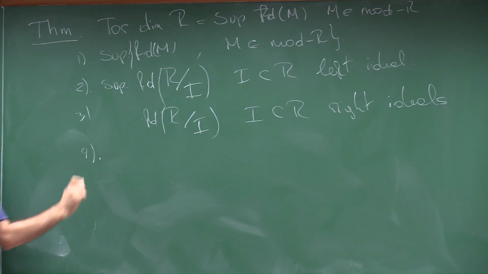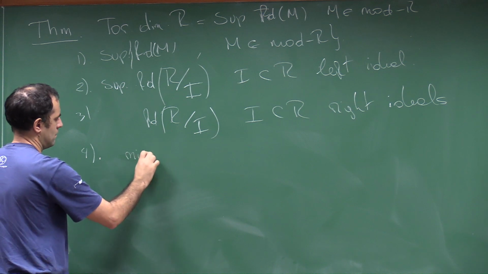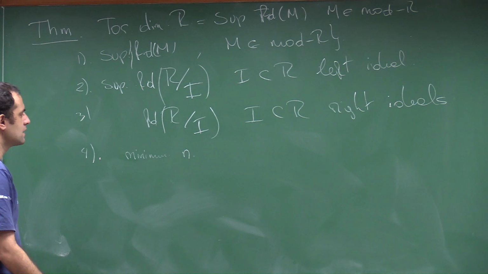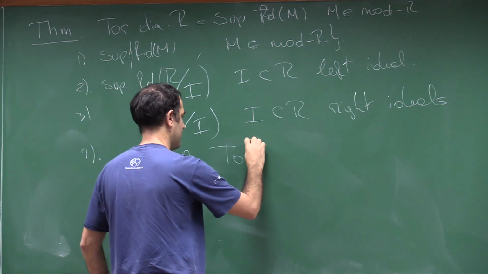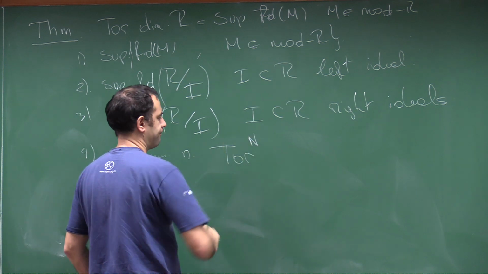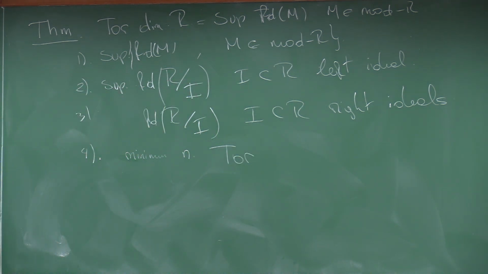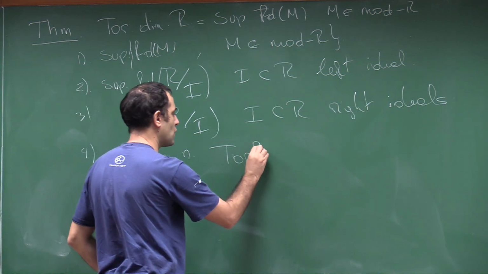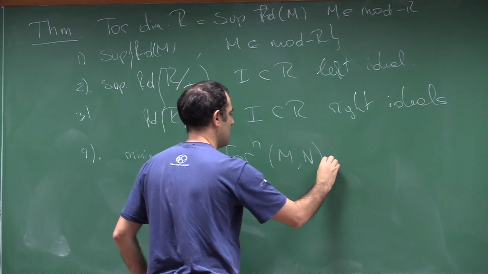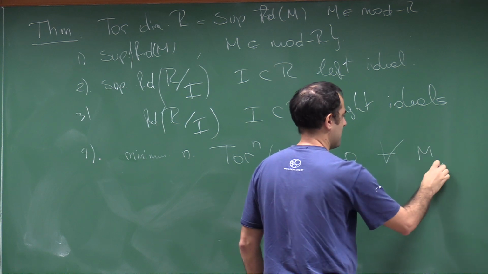And let's write this in a different way. So this is the minimum n such that Tor n, mn, is equal to 0 for every m and n.